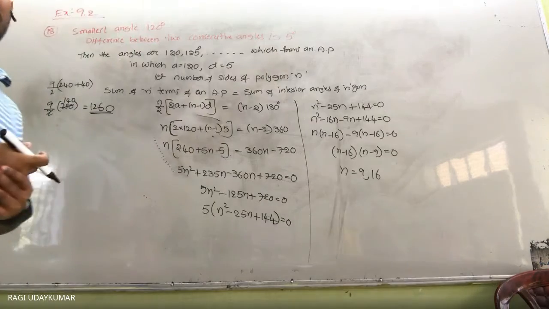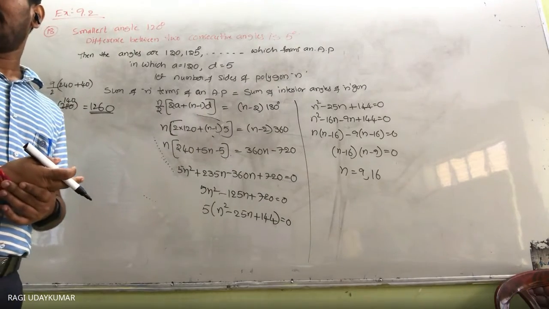तो we are going to get it. 9 angles. Okay.